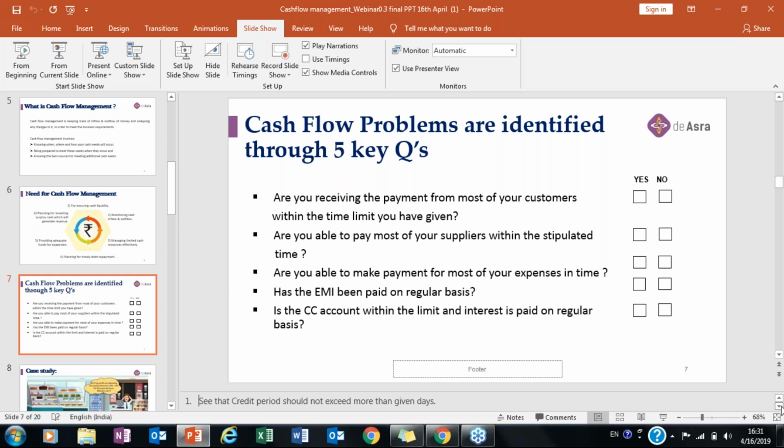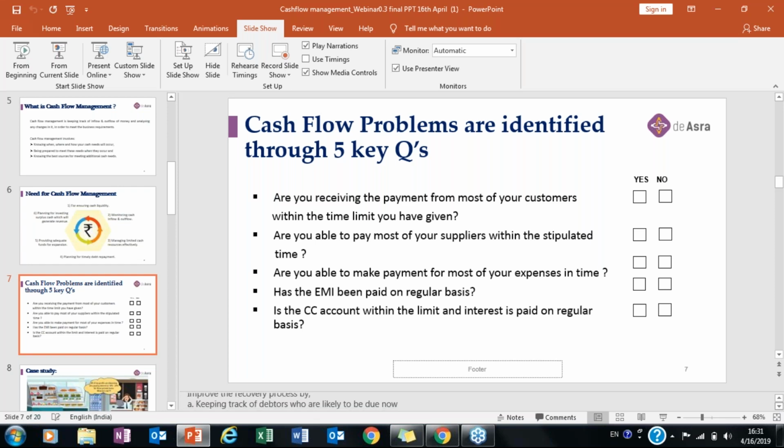The second question is, are you able to pay most of your suppliers within the stipulated time? As you receive the payments after the credit period, you make sure that you are able to pay your suppliers within the stipulated time. You need to fix the cycle wherein when you are receiving the money, you pay your suppliers in time.